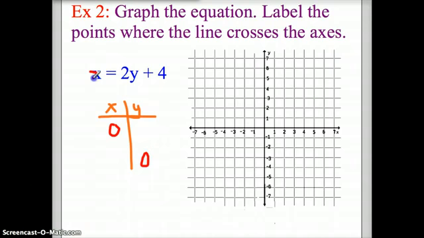If x equals 0, I have the equation 2y plus 4 equals 0. Subtract 4 from each side, and that leaves me with negative 4 equaling 2y.